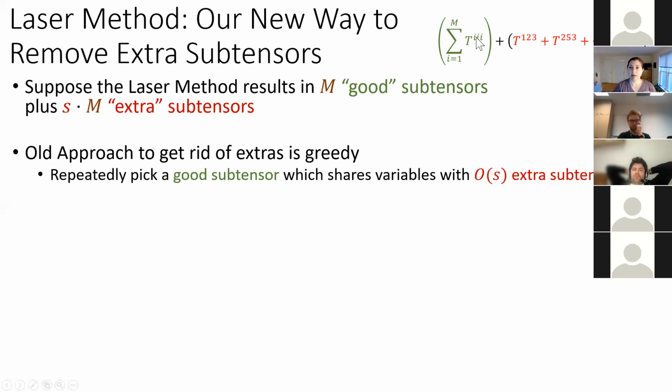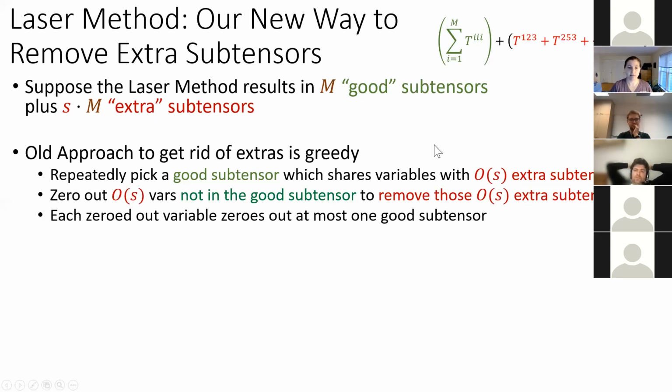You repeatedly take one of the good subtensors, and because there are S times M extra subtensors, there is one of these good ones that shares variables with order S of the bad ones. So pick one that shares order S of them, and then zero out a variable for every one of the tensors that it shares variables with.